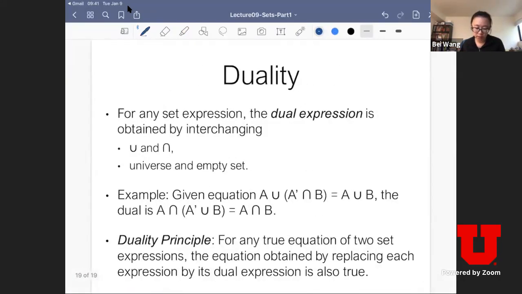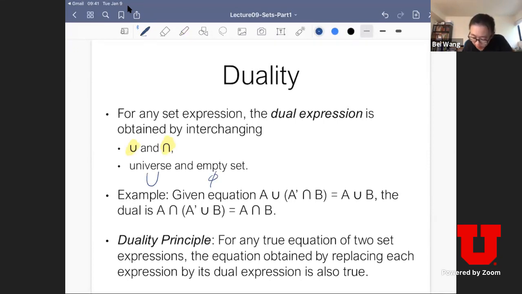So the last bit I want to mention is called duality. It's a similar thing where the dual expression can be done through some exchange where we switch the union operation by the intersection operation, and then you switch the universal set with the empty set.